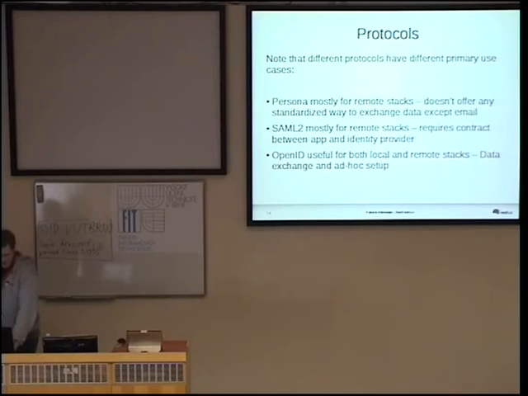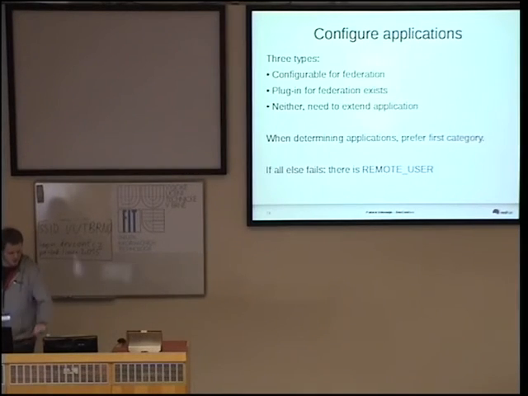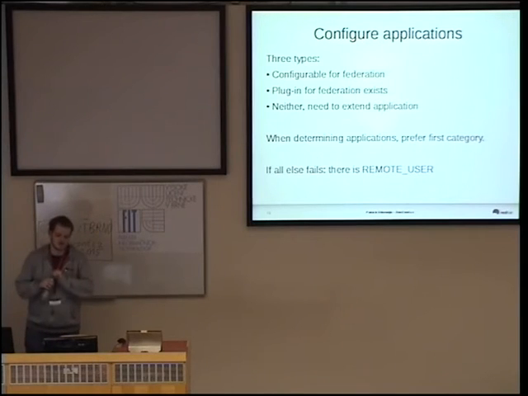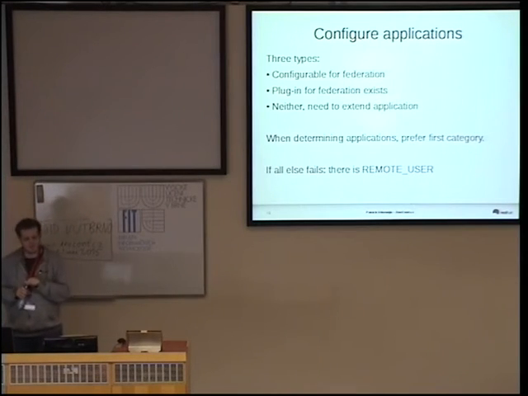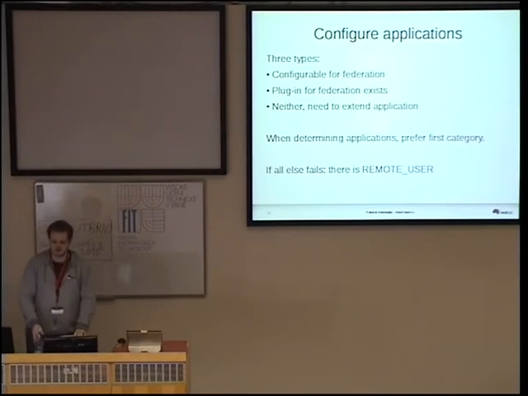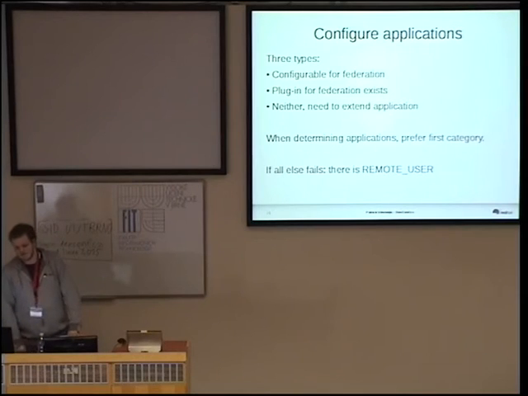So, after you selected the identity provider, you will need to configure your applications. You basically have three types of applications here, ranging from very easy to use with federated authentication to very difficult.